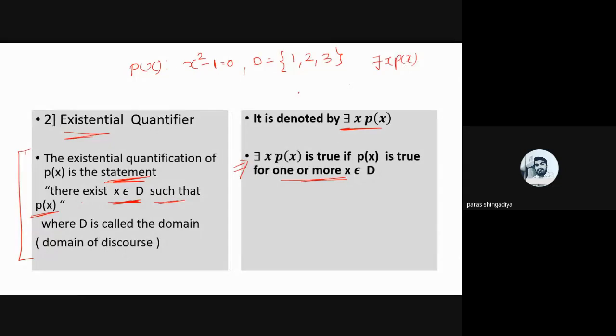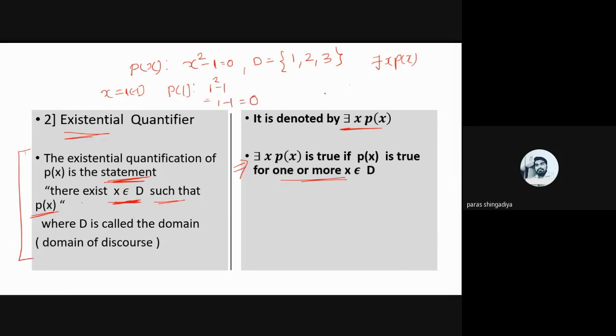So here the domain is 1, 2, 3. Check whether for a single value of the domain we can find that P of x is true. Here I consider x equal to 1, which is from D. P of 1 becomes 1 square minus 1, which is 1 minus 1, and that becomes 0.